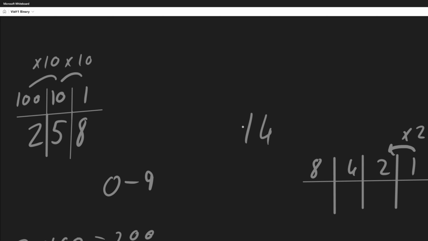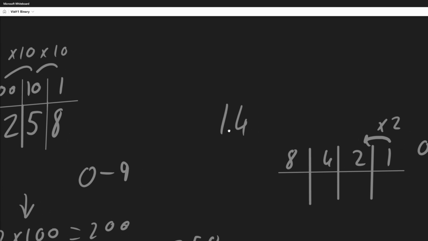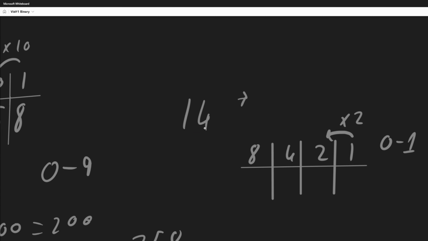Now this is where binary gets a little bit more difficult than denary. We're not multiplying by anything other than 1 or 0 in these columns, so it's more additive than multiplicative. When we're making a binary number we go from left to right, and when we're reading it we go from right to left.